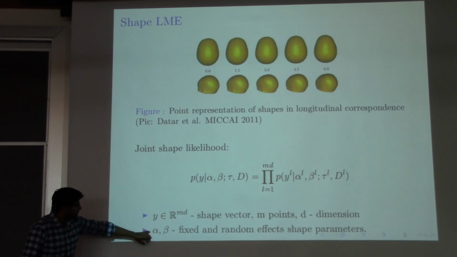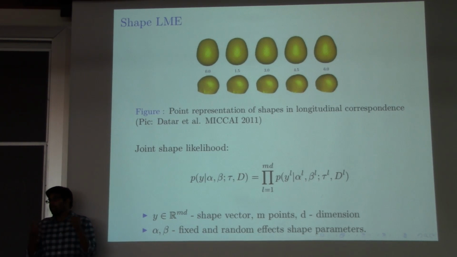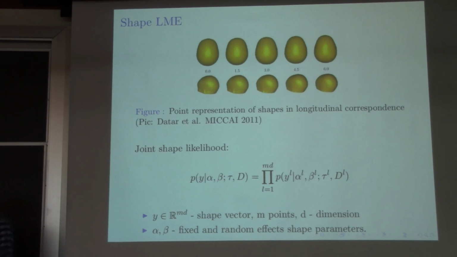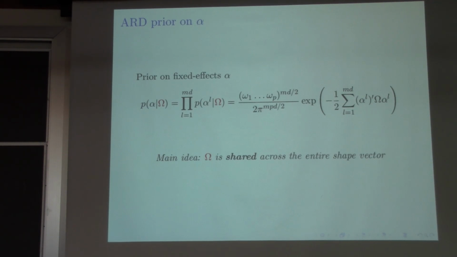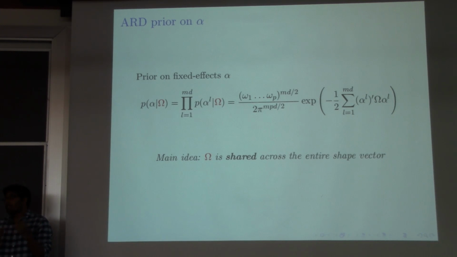And again, to remember, alpha represents the fixed effects, which is my group curve. Beta is the perturbation. And these are now shape parameters. Now, what does the ARD prior here look like? The prior again is on alpha, but I have now 300.